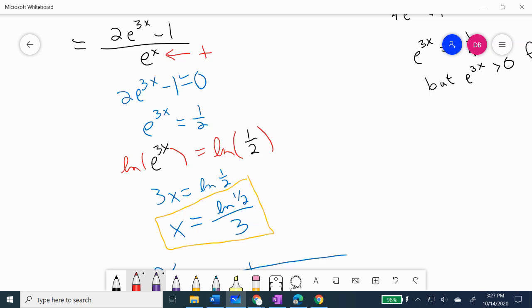I take the natural log of both sides, and that causes these two to cancel each other out and leave just the 3x, equal to natural log of 1/2. So x ends up being the natural log of 1/2 divided by 3.